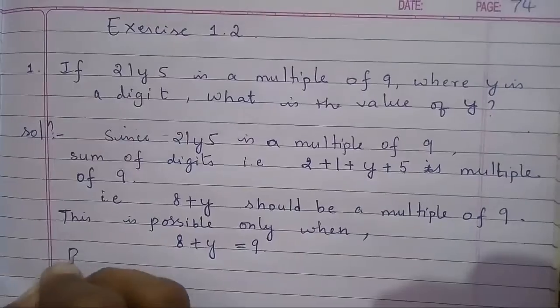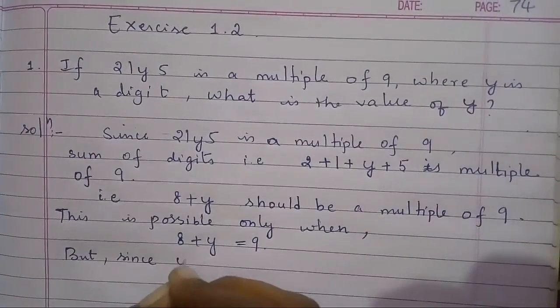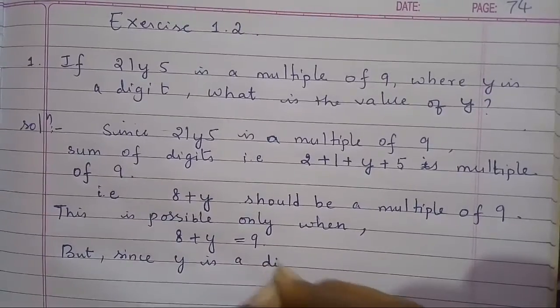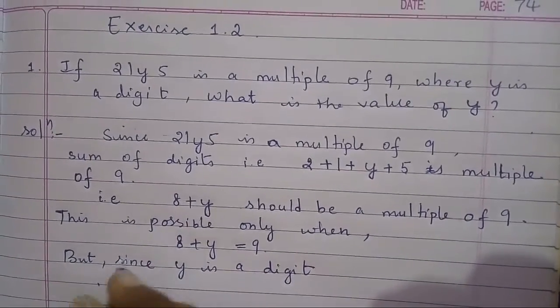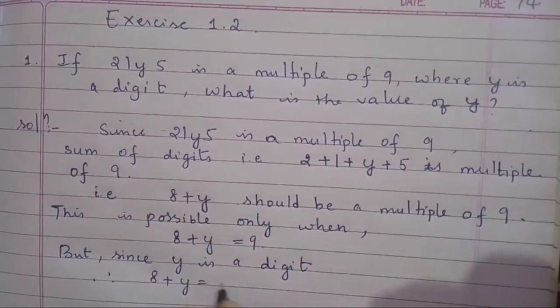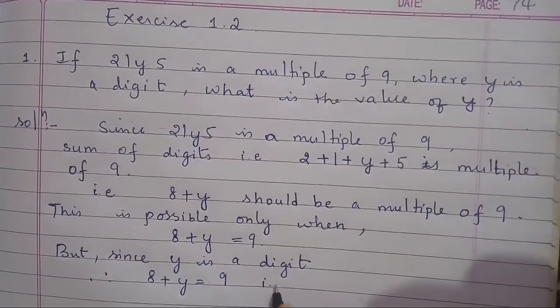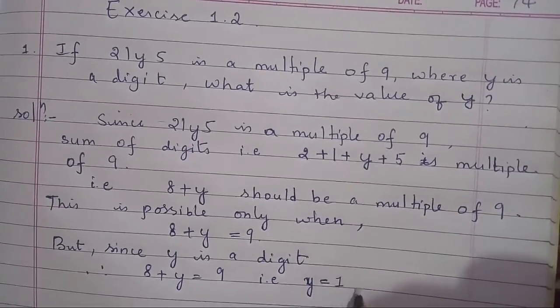But since y is a digit, therefore 8 plus y is equal to 9. That is only when y is equal to 1.